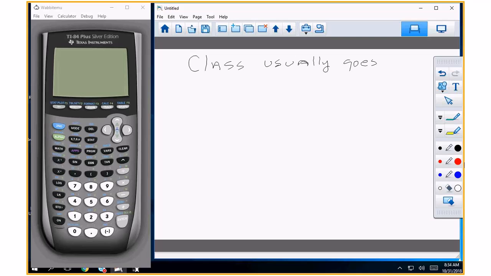We go an hour and a half, but we're never here that long. But anyway, that's 90 minutes. We'll say 80 minutes. What is the probability that the teacher will let you out between 70 and 90 minutes?